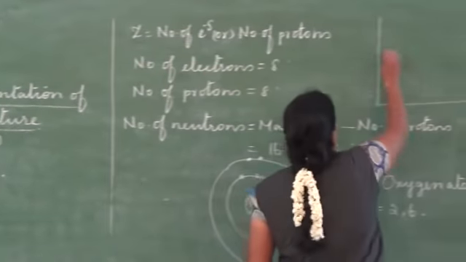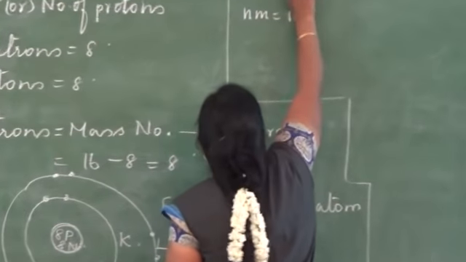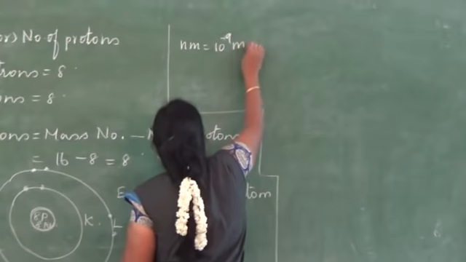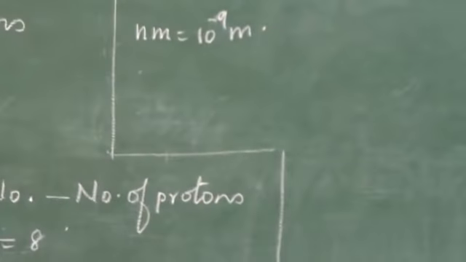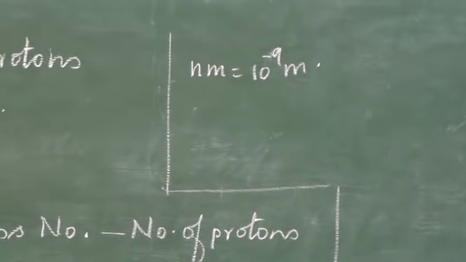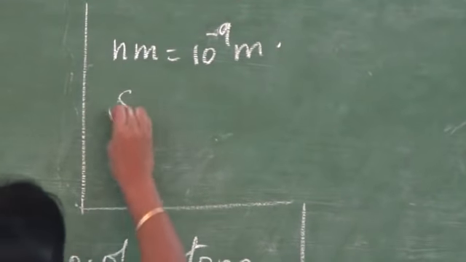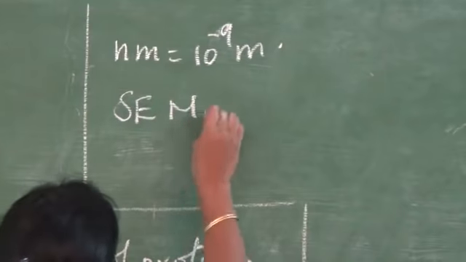Nanometer is nothing but 10 to the power minus 9 meter. And already we had seen that the atom is invisible. But nowadays it is possible by using SEM. SEM means scanning electron microscope.